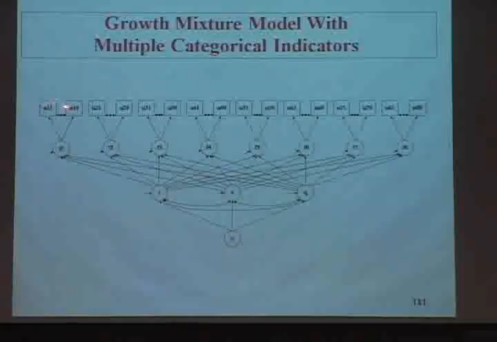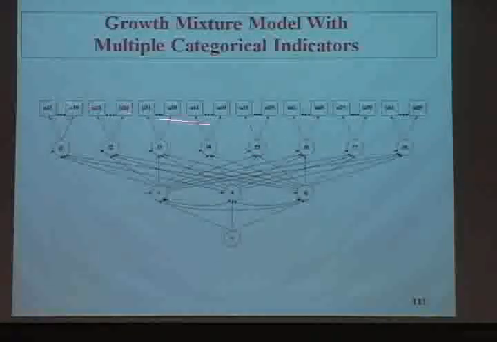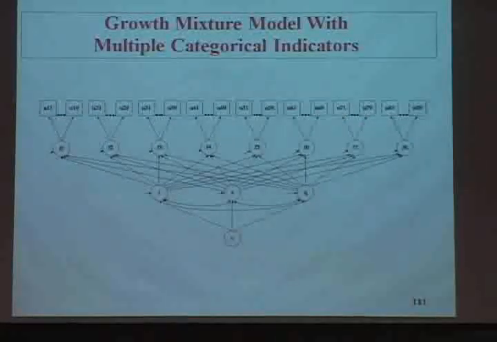So you have 9 categorical indicators measuring a single factor, and that's repeated at 8 time points. So you get a total of 72 categorical indicators measuring these 8 factors, and then you have a growth model with intercept, slope, and quadratic term for these 8 factors. And on top of that, you have a latent class variable which splits the data into several classes.